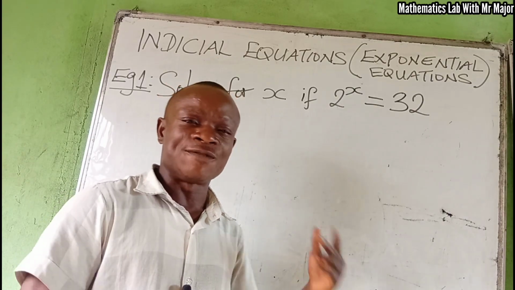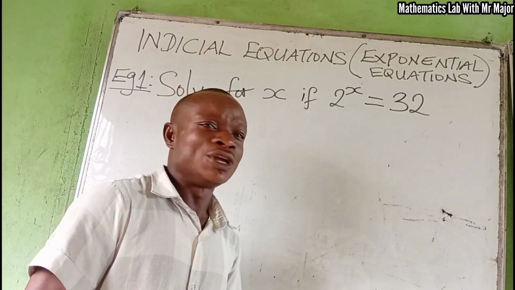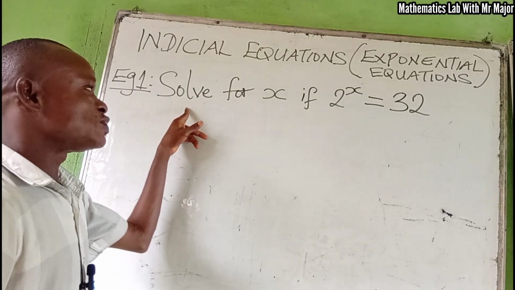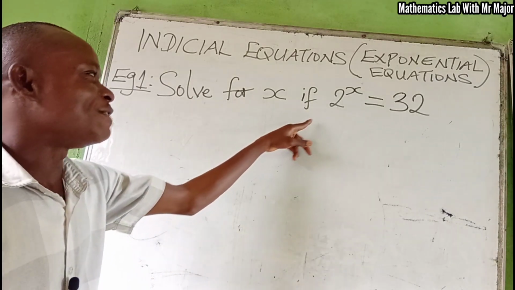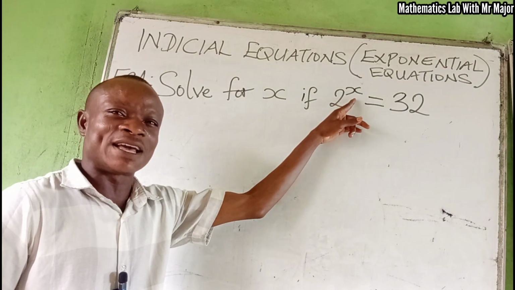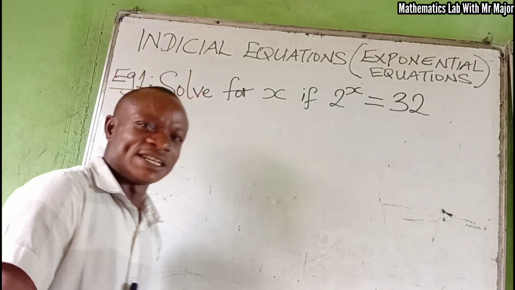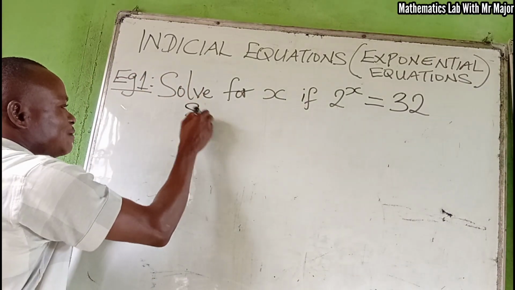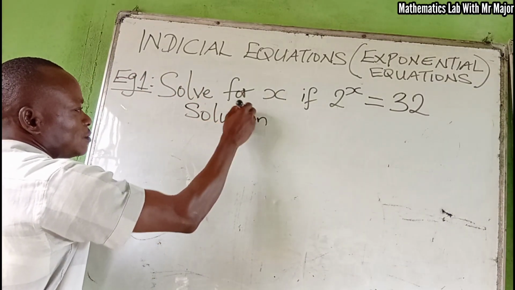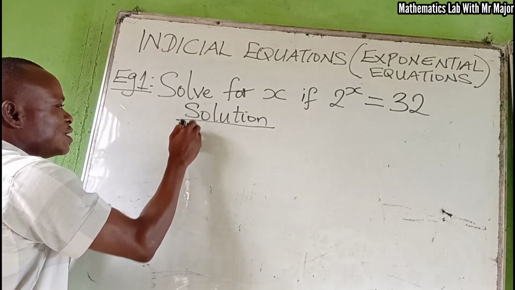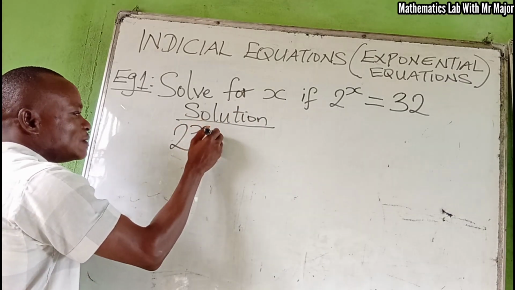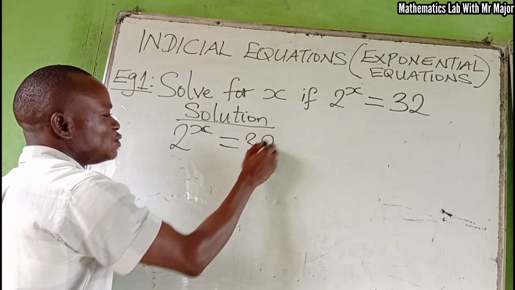Now I will begin with the first example on the board. The question says that we should solve for x if 2 raised to the power of x is equal to 32. Solution: 2 raised to the power of x is equal to 32.